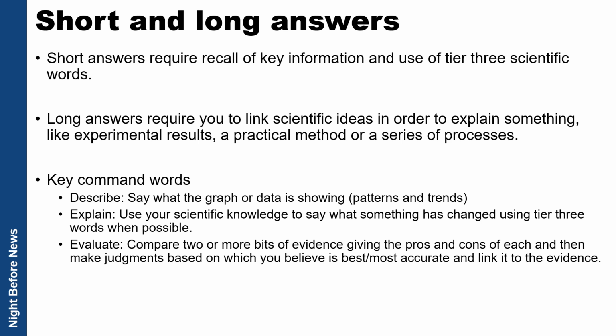Again, they will ask you short answer questions in Chemistry Paper 2 that will require you to recall information and tier 3 scientific words, things like hydrocarbons and the fact that they are molecules that are made up of only hydrogen and carbon atoms, and then that there are different types of hydrocarbon.